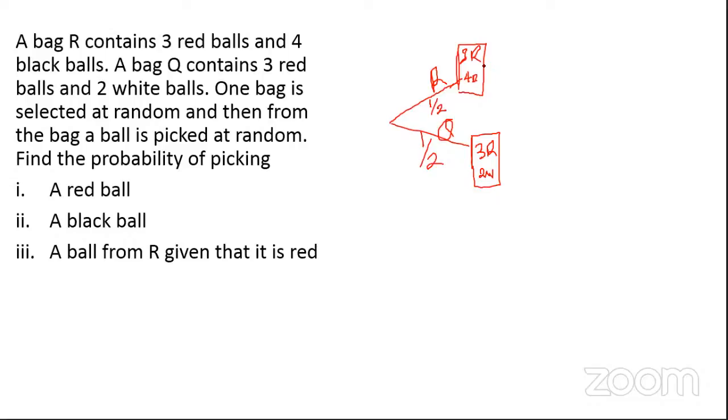Here we are going to pick a red, or we are going to pick a black. Likewise in this other bag we are going to pick red or white. So what is the probability of picking a red ball from bag R? What is the probability?